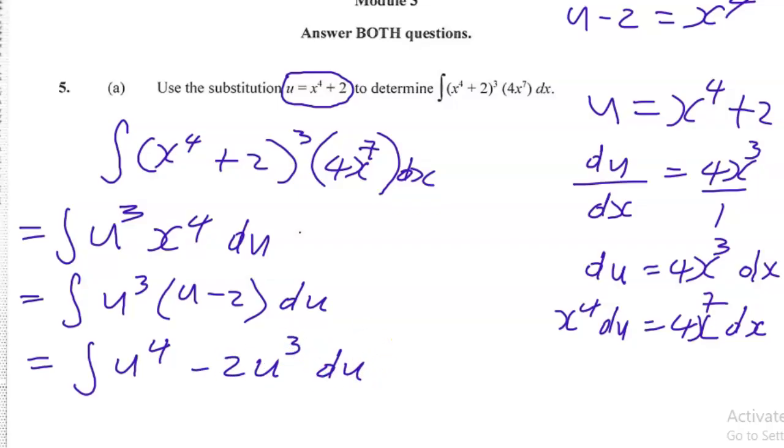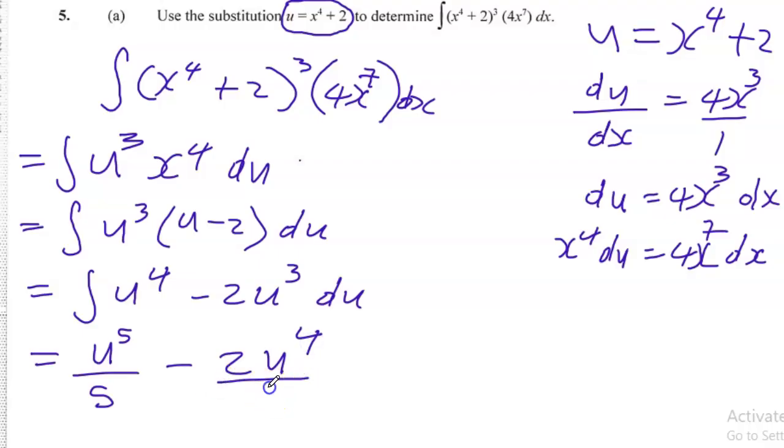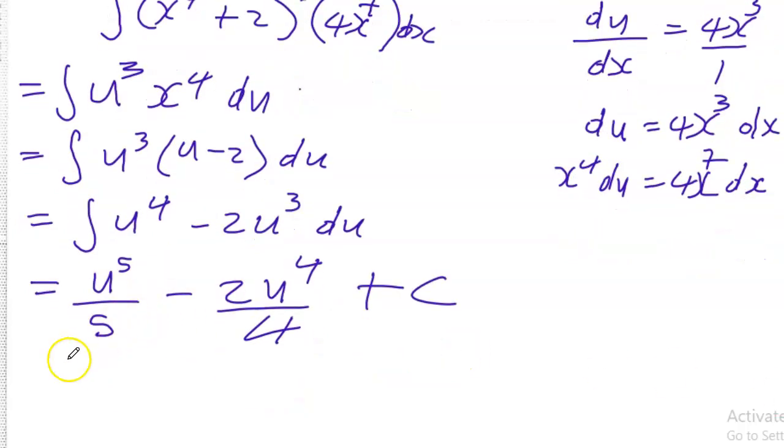Now we can integrate. To integrate, add 1 to the power, divided by the new power, and of course plus our constant. And of course, remember what u was? u was x to the power of 4 plus 2. So we can replace u with x to the power of 4 plus 2 to the power of 5 upon 5, minus, well, 2 over 4, that's half, right?